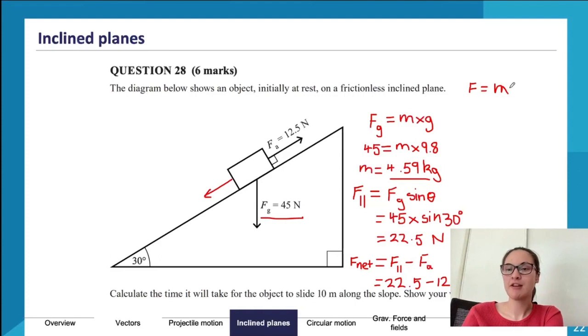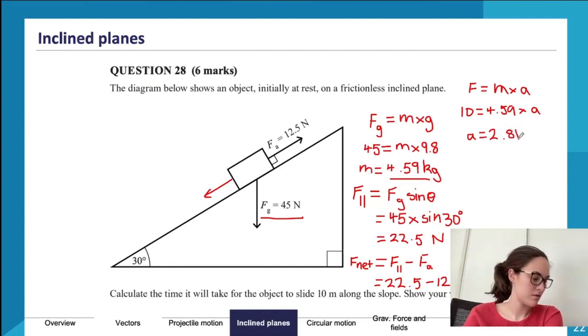So we got mass times acceleration, which is equal to 10 newtons, 4.59 multiplied by A. Divide both sides by 4.59, and your acceleration will be 2.81 meters per second squared.